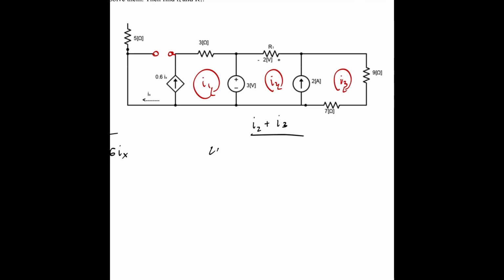So first we're going to write out our constraint equation, which is going to be 2 amps is equal to I3 minus I2, because this current is going with 2 amps and this current is going opposite of 2 amps. So that's our first equation. Our next equation is going to be our big loop around both meshes adjacent to the current source. So starting from the bottom left here, that's going to be negative 3 volts.